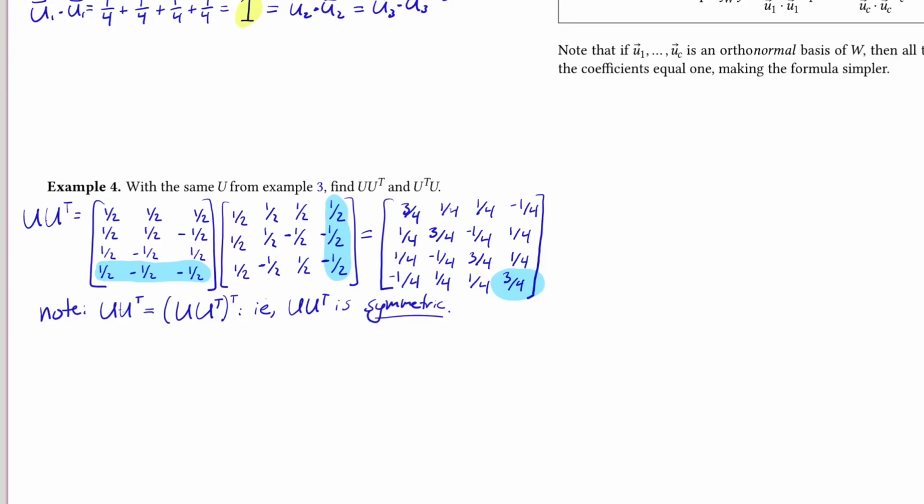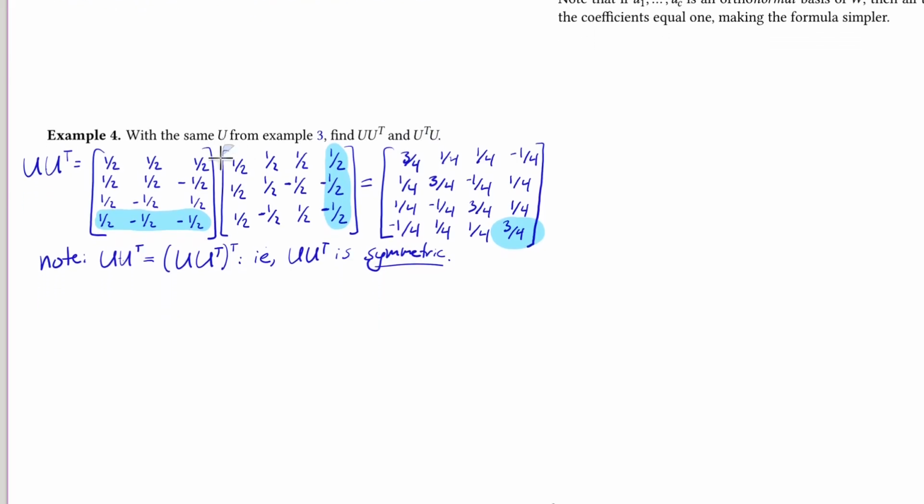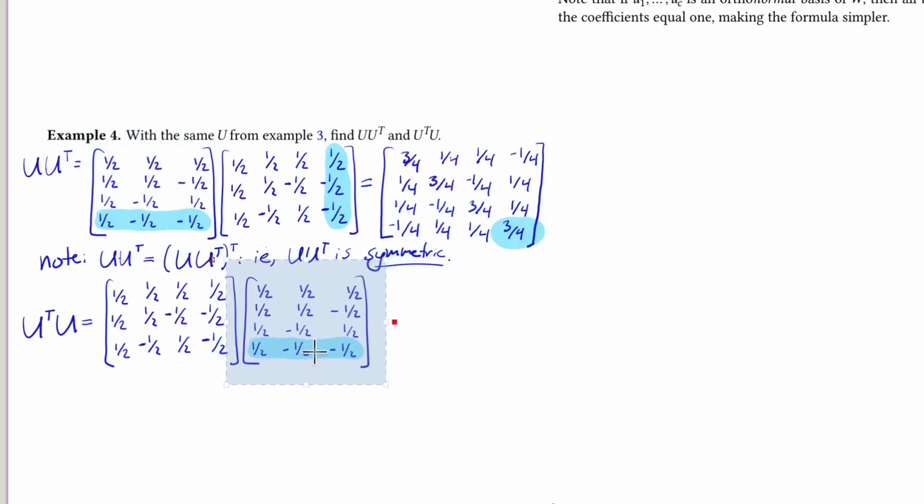All right, let's see what happens when we do u transpose times u. That's actually going to be more important for this section, and this is maybe the more interesting one. So I'm just going to write this here. Here's u transpose. Here's u.